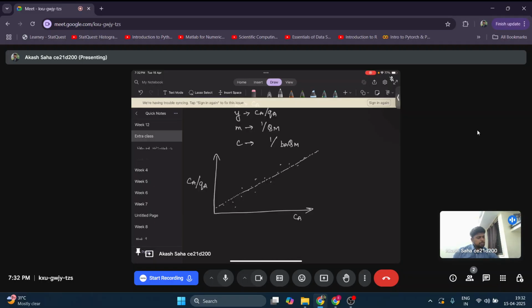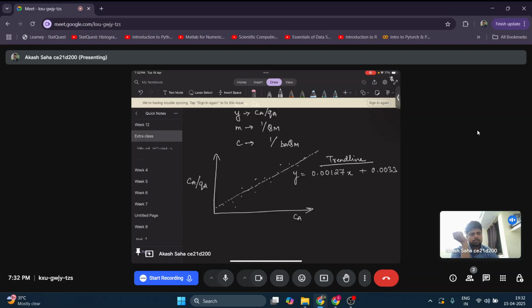When you get the equation of the trend line, it will be y equals 0.00127x plus 0.0033. This is the linear trend line equation that you will get by linear regression.